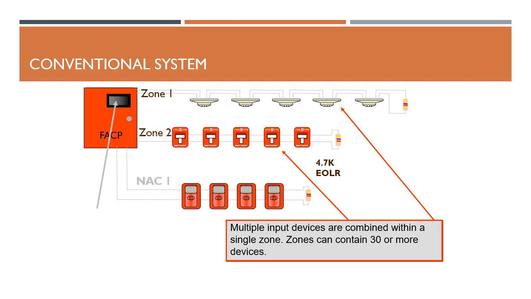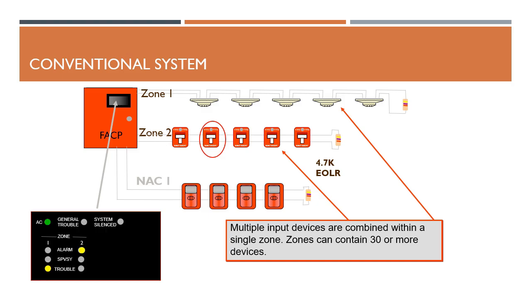In this example, we have a conventional two-zone panel. Let's imagine that a person has spotted a fire and has decided to activate pull station number 2. This pull station belongs to zone 2 of our fire alarm panel. The panel automatically activates the horns and strobe.